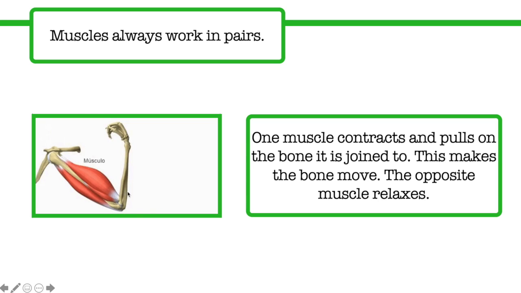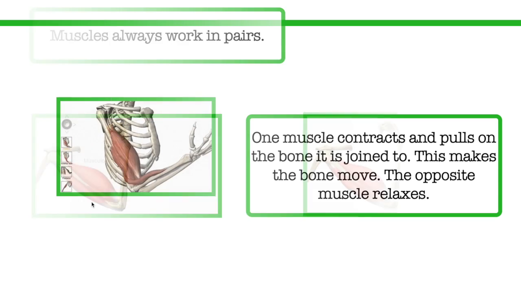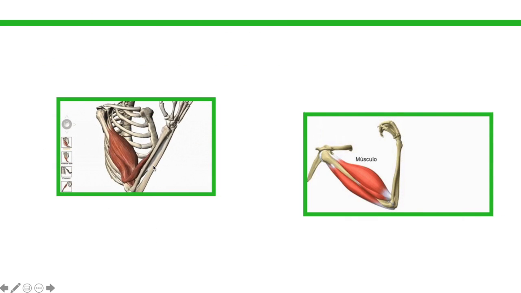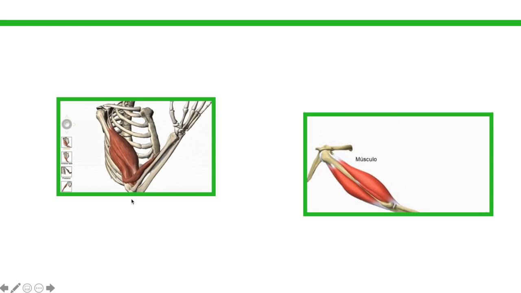Yes? While this muscle contracts, the one over here relaxes. It gets flat or longer. When this muscle contracts, the other one relaxes. You will see over here too. When this muscle over here contracts, the other relaxes.